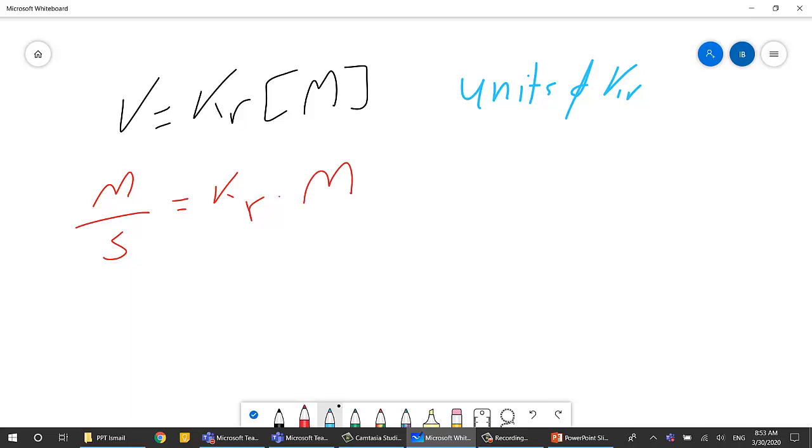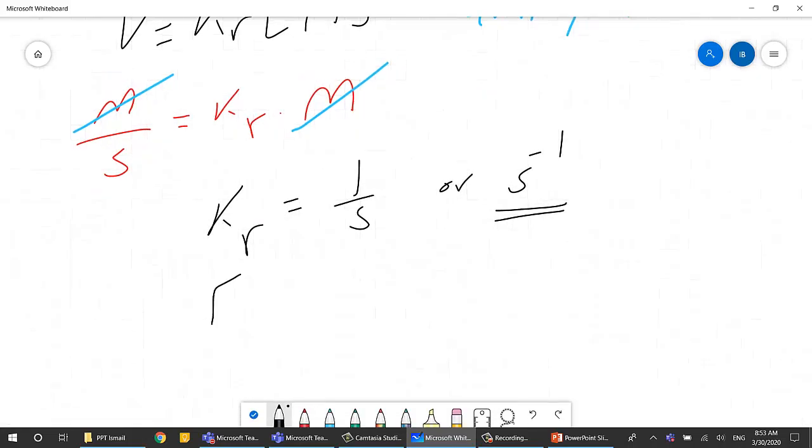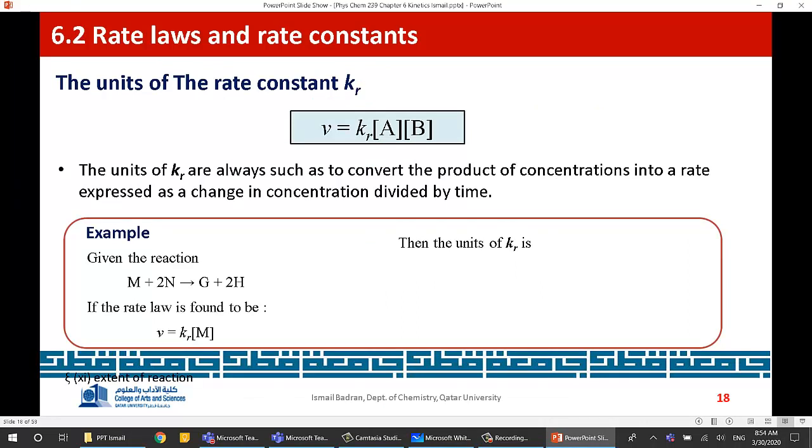Then this cancels with this. Then Kr should have units of 1 over second, or second to the minus 1. And this is the unit of a first order reaction. We just derived the units of first order. So a first order reaction always has a rate constant with units of second to the minus 1. Once you see second to the minus 1, you know it's always a first order reaction.